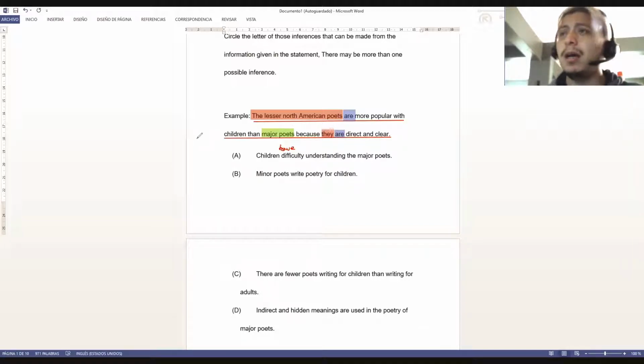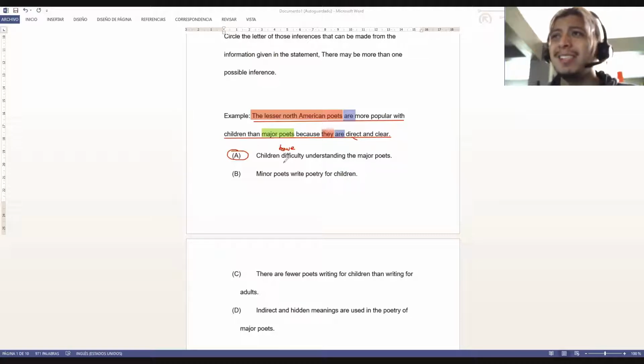So it says, children have difficulty understanding the major poets. I think this is true. I mean, the sentence doesn't say that children have difficulty understanding the major poets, but it says that the lesser North American poets are more popular with children, and the reason is that they are direct and clear.